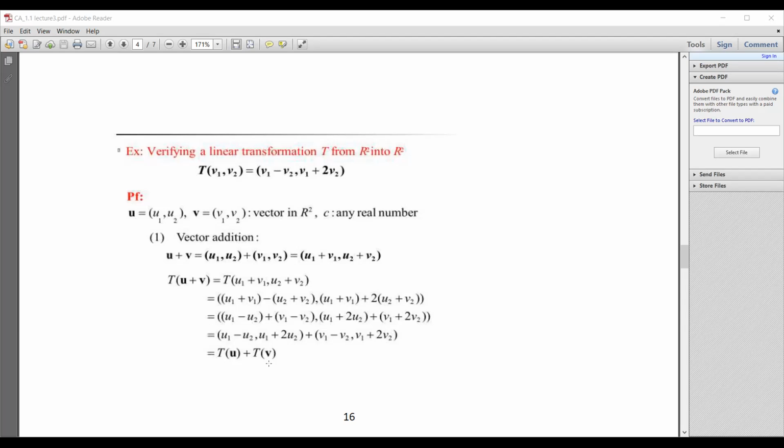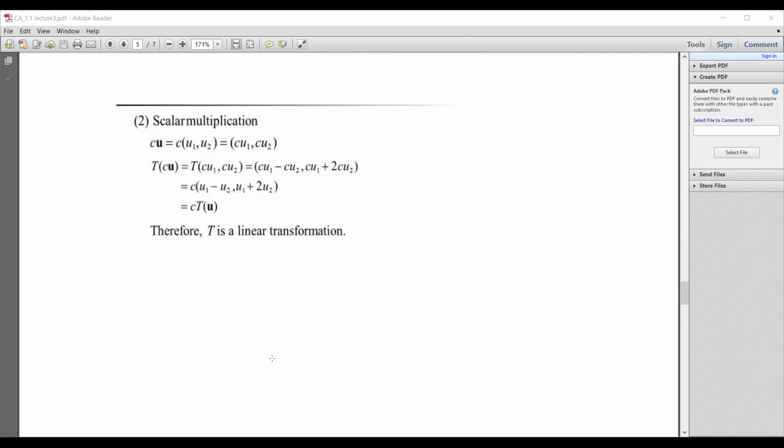Now we are in a position to verify whether the second condition is also satisfied. In order to do that, again C is a real number and U is taken as U1 comma U2. So C into U1 comma U2 ultimately gives us CU1 comma CU2. This is the scalar multiplication defined in the domain set.